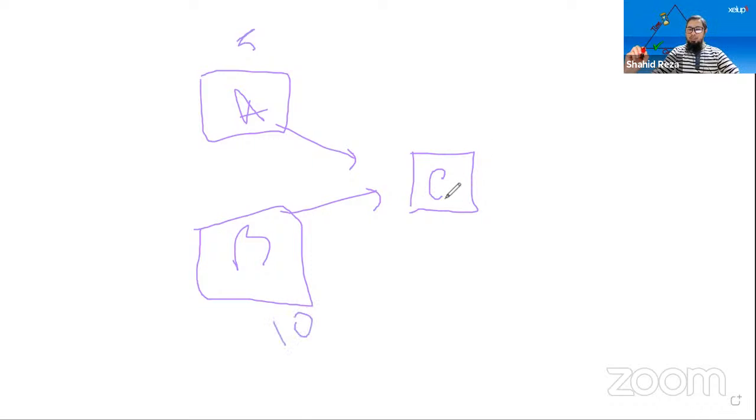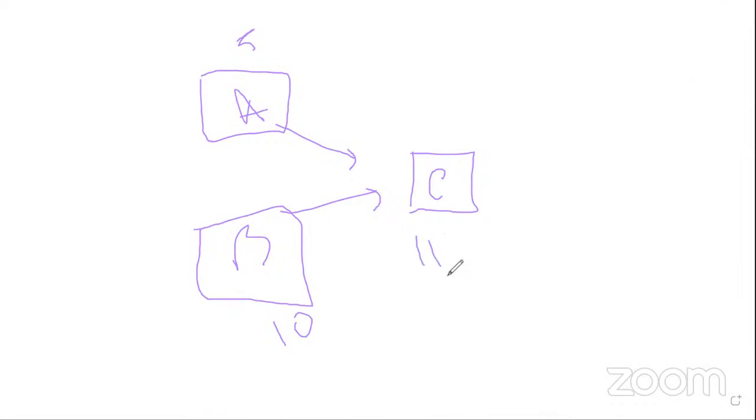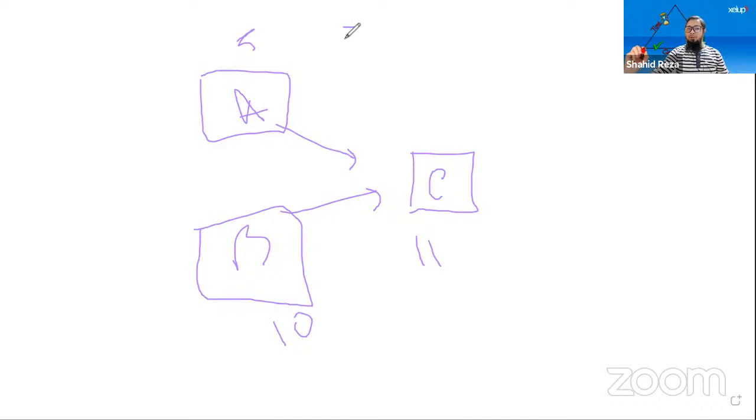That means to start this task, we have to start on which date? 11th date, right? So for this task, there is no free float, but for the other task, there is free float of 5 days. If we start this task after 5 days, it will not impact C, its immediate successor activity. There is no impact on the early start of its immediate successor if I delay this task by 5 days.